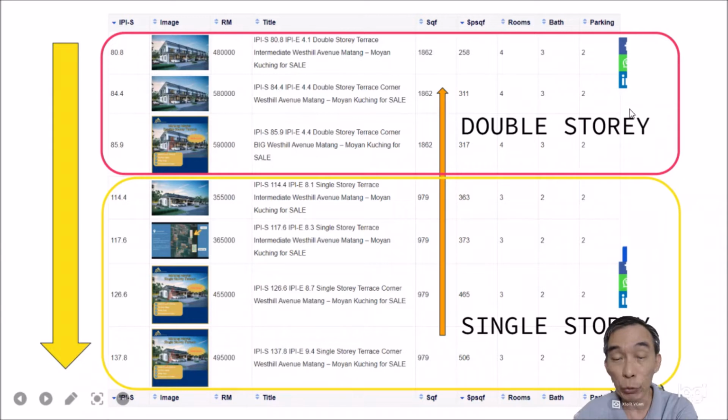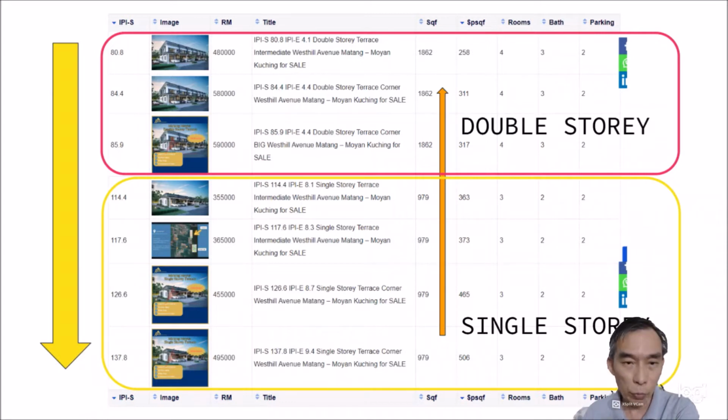That is the reason why IPI shows a lower index compared to single story, because you are getting a double story, double the size of the house. This is 900, let's say this is 1000. Definitely you are buying, using $1, double the space of shelter. So that is the interpretation of IPI.